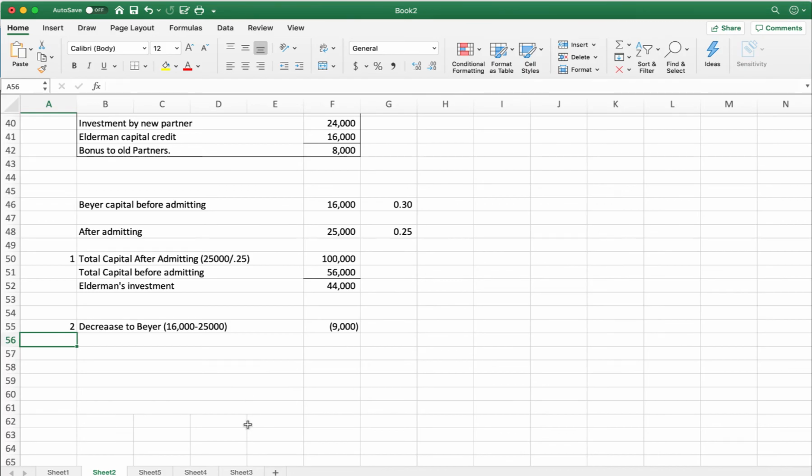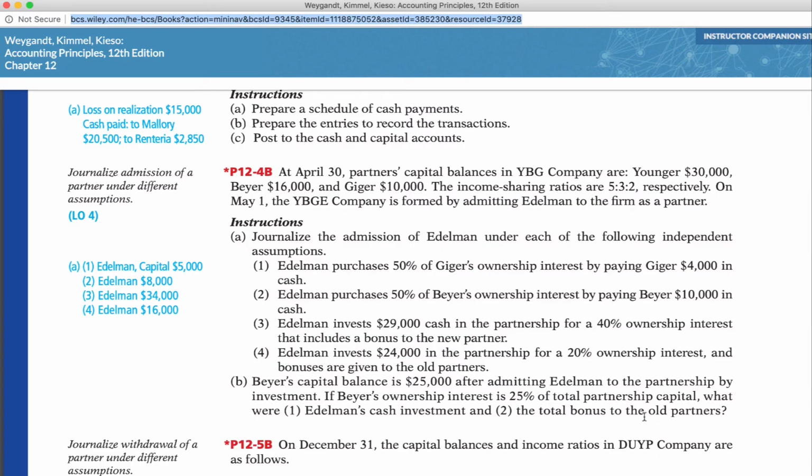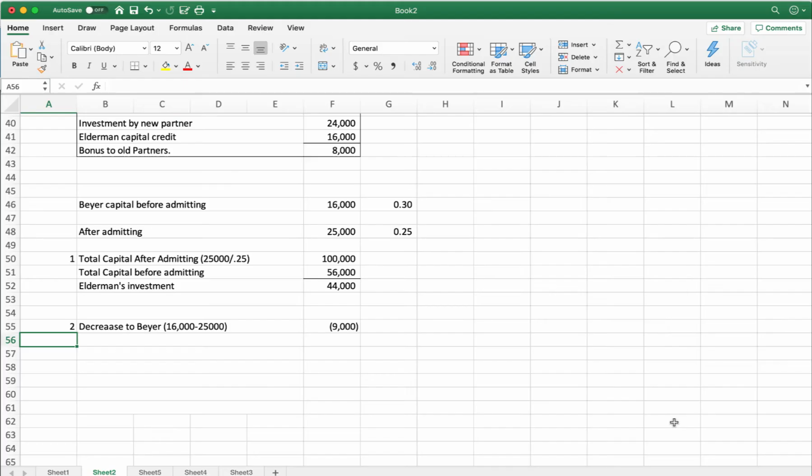Now what I need to figure out is the total bonus to all the old partners. Well, that's easy.